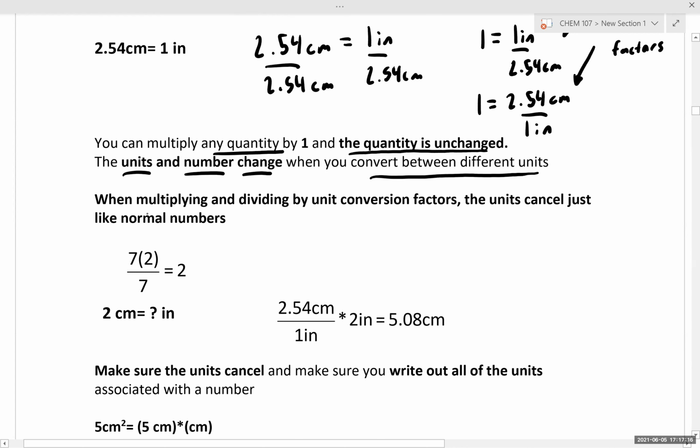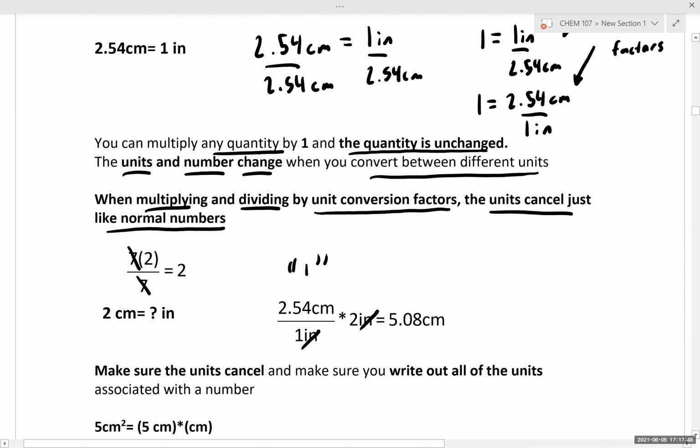Likewise, when multiplying and dividing by unit conversion factors, the units cancel just like normal numbers. So for example, if you have 7 times 2 over 7, your two equal quantities on top and bottom will cancel out. Likewise, when you're converting from 2 centimeters to inches, we can multiply by this unit conversion factor, which is 1.